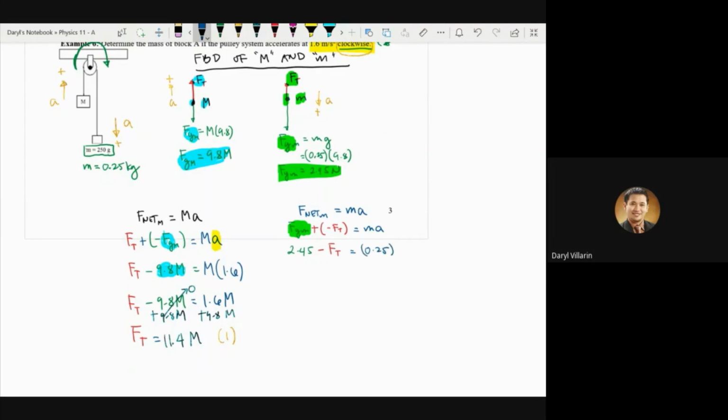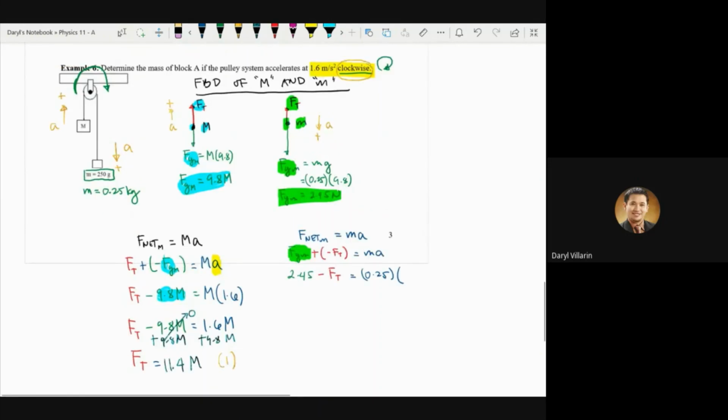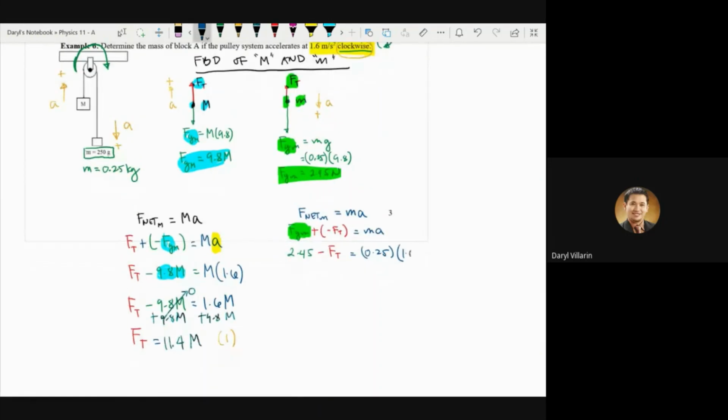Again, it's very important for you to convert your grams to kilograms in this case, because you might get a different answer. Well, obviously you will get a different answer if you did not do that. This is 0.25 times the acceleration. What is the acceleration? It's 1.6. Okay, it's given. Acceleration is given as 1.6.